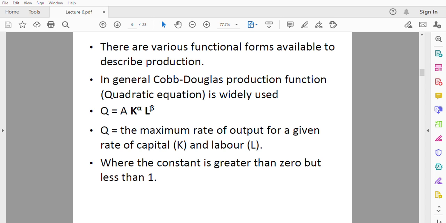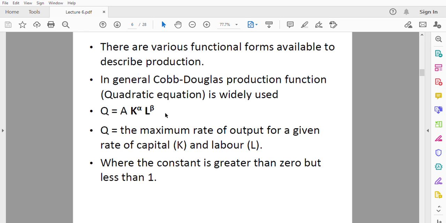When we put figures in, you realize that this is a number, and this is also a number, but it's normally expressed as a fraction less than 1, and this is also a fraction less than 1. Right. So in this case, Q is the maximum rate of output for a given rate of capital and labor, and the constant is also greater than 0, but is always less than 1.